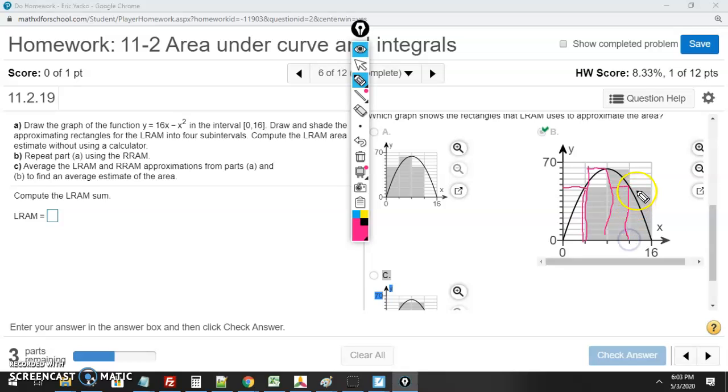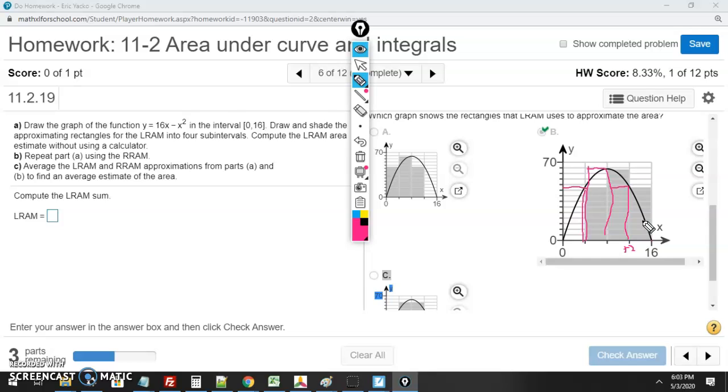So the right coordinate of each interval will be touching the curve, and for the last interval, from 12 to 16, there is no rectangle that you could fit in here because it would be touching the curve right here, the right coordinate. So for each of the methods, the LRAM method often will have one rectangle on the left side not touching the curve, and the RRAM method might have a rectangle on the right side not touching the curve.